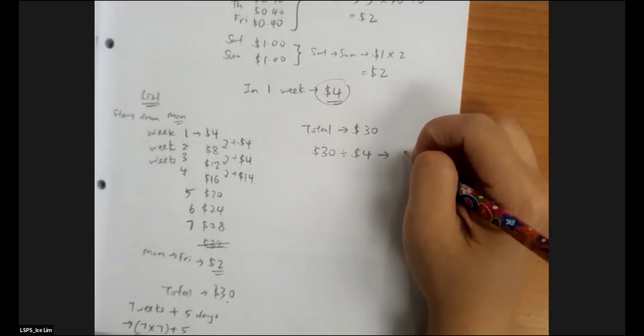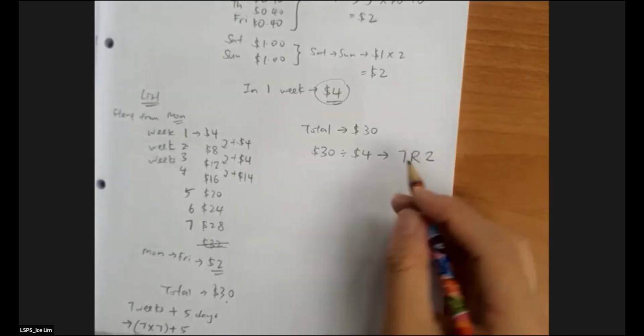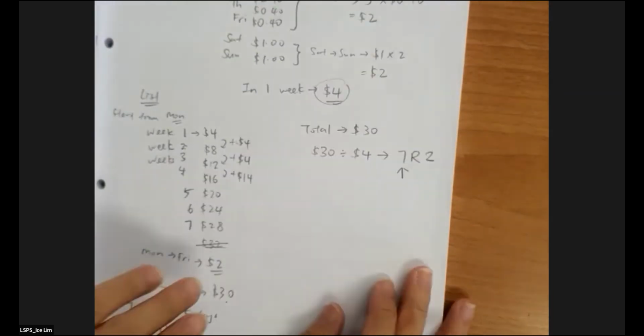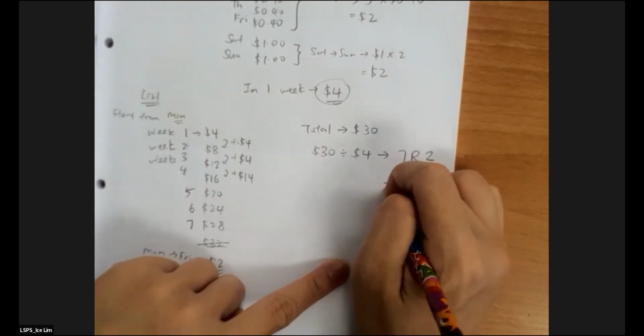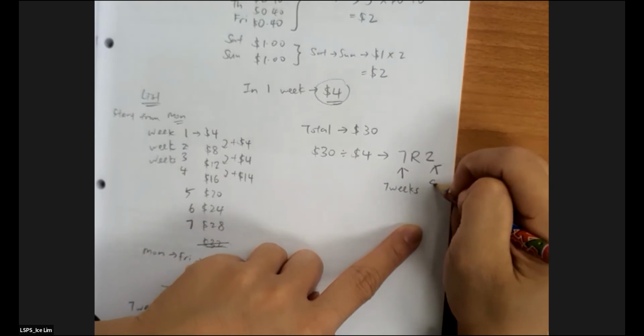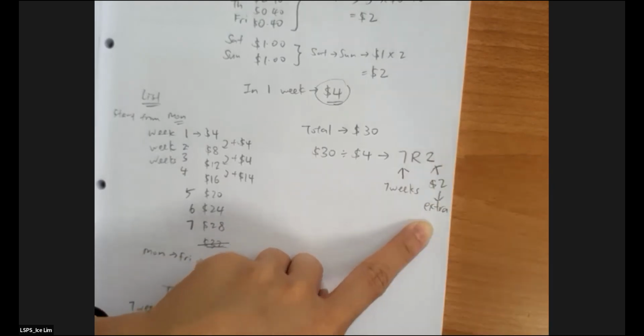It will be 7 remainder 2, right? So 7 is what? 7 groups of $4. That means 7 weeks. And the $2 is the extra that he got to save.